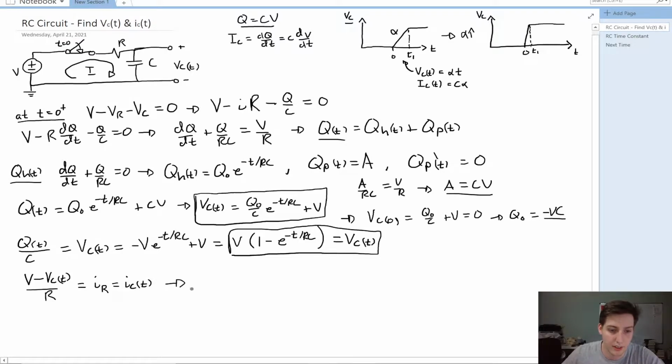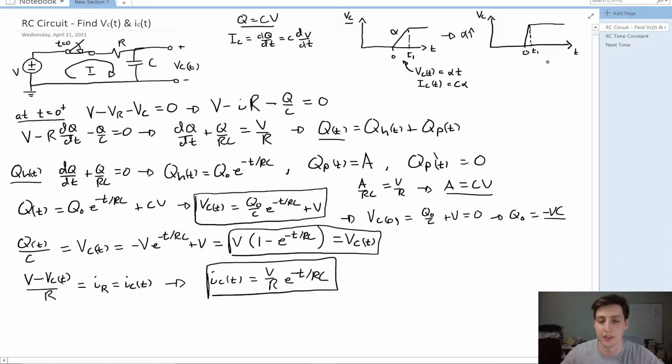And we can easily just do that subtraction, and we see that I_C of t is equal to V over R, e to the minus t over RC. So now we know our current and our voltage for our capacitor.